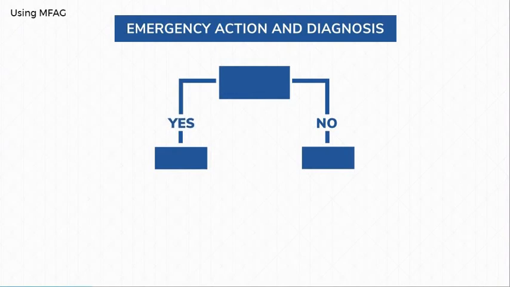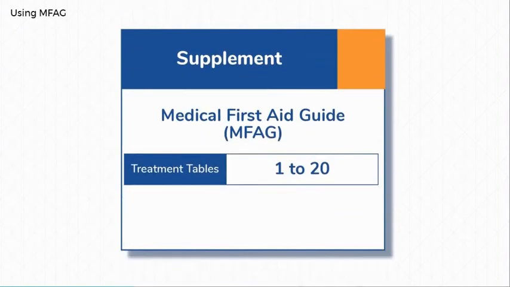You answer yes or no to a series of questions about the patient's observed condition. An answer no takes you to the next question down, where an answer yes takes you to one of 20 numbered treatment tables. Once you have found the right table, the next step is to identify the treatment table based on exposure to specific chemical types.